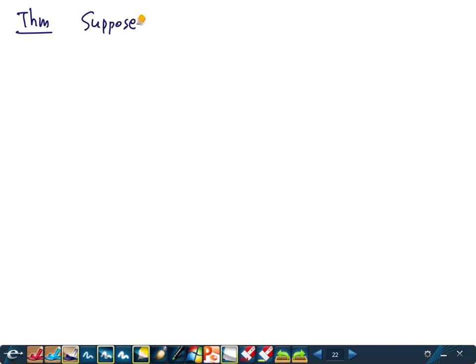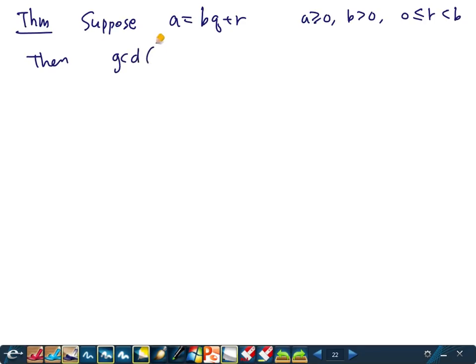Suppose we have A equals BQ plus R, where A is greater than or equal to 0, B is positive, and R is the remainder, so R must be at least 0 and less than B. Then GCD of A comma B equals GCD of B comma R. This is the main idea of the Euclidean algorithm.